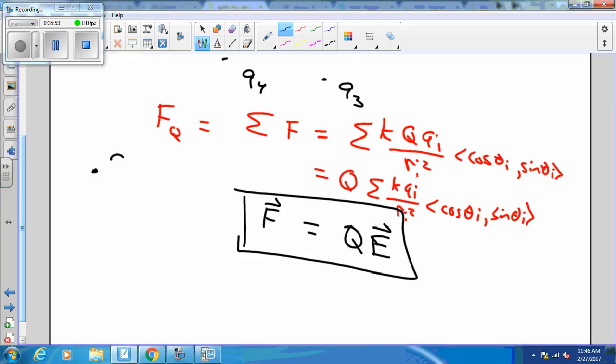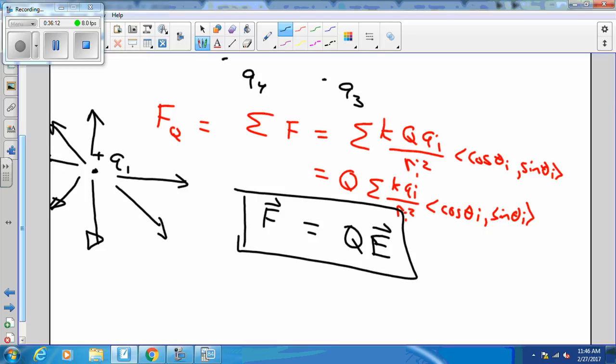And the picture that we have, for example, if I have a positive charge Q1, is that that positive charge Q1 is going to create electric field all around it in every direction. Here I'm showing it coming out in the plane, but it's actually spherical. So it's coming out in 3 dimensions.